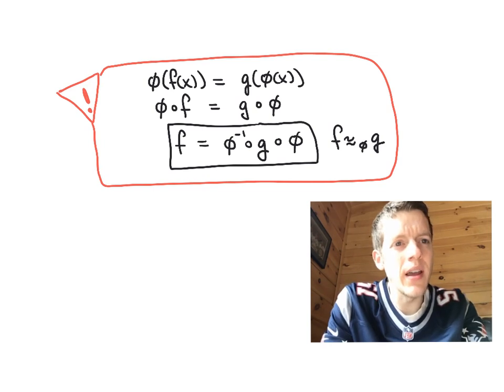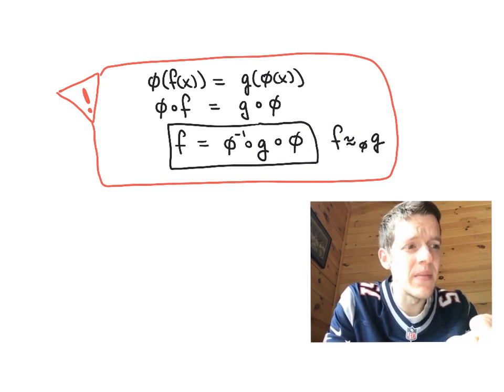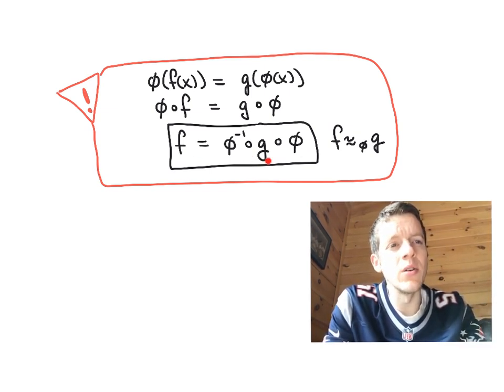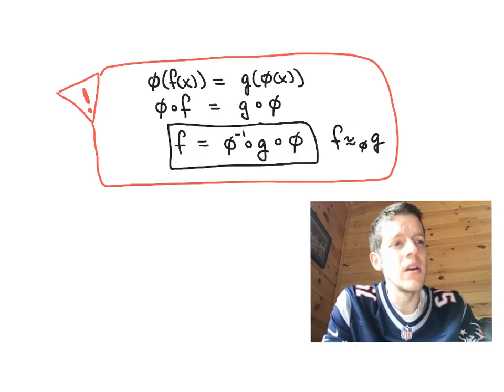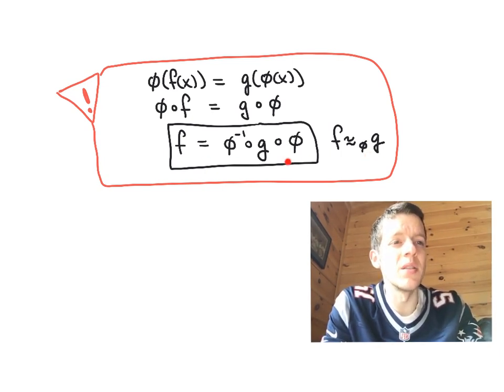Now, if we apply an inverse of phi on the left-hand side of both sides, so a phi inverse here and a phi inverse here, you're left with just f on the left and phi inverse composed with g composed with phi. This is the formula that you'll see for topological conjugacies in most textbooks. So f is topologically conjugate to g under the homeomorphism phi if you have this being satisfied.